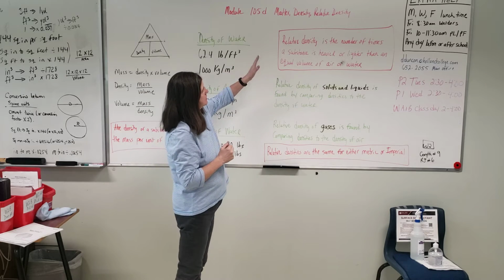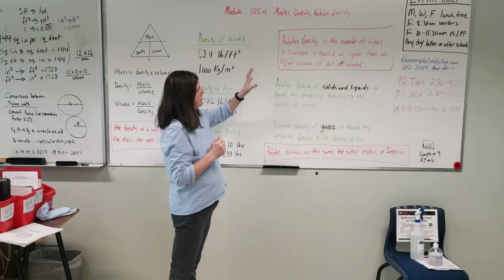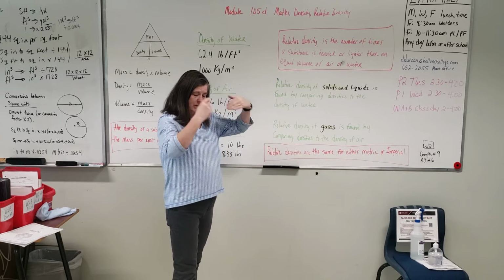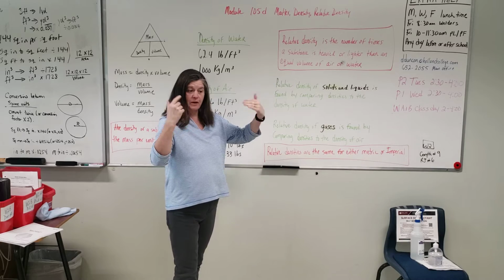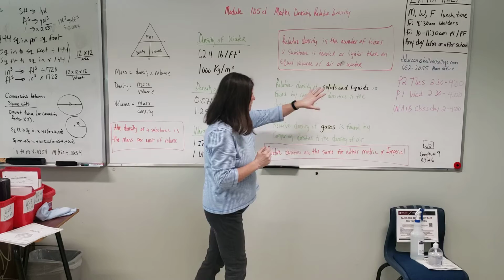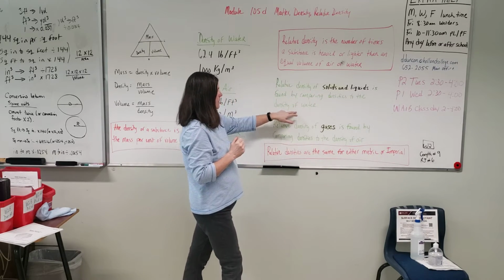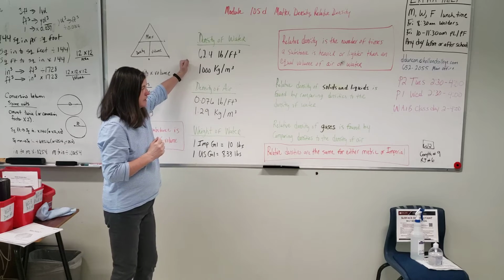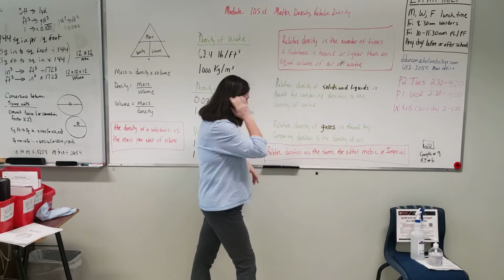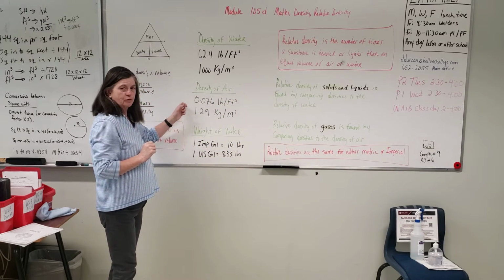Relative density is the number of times a substance is heavier or lighter than an equal volume of air or water. So liquids or air that are different than water, we compare them to water. The relative density of solids and liquids is found by comparing their densities to the density of water. So we're going to be comparing them to these right here. Relative density of gases is found by comparing densities to the density of air, which is these numbers right here.